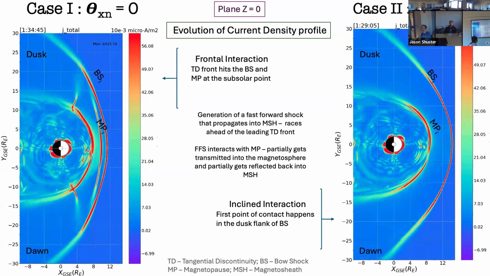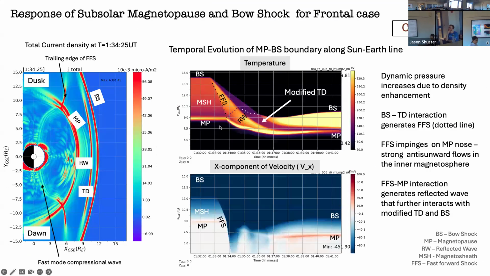Now, we are taking just a still of the current density profile, and this is the frontal case, and this is the fast wave we see.